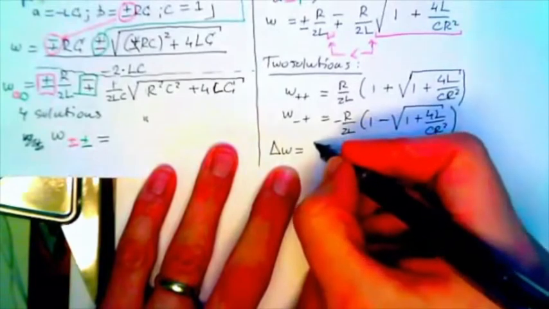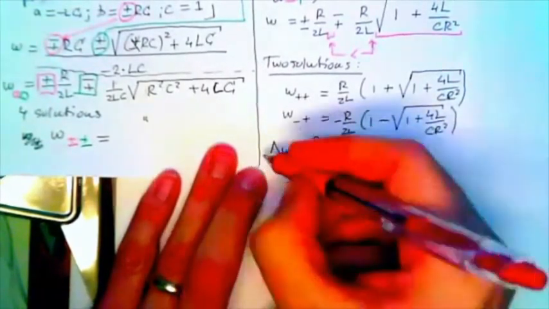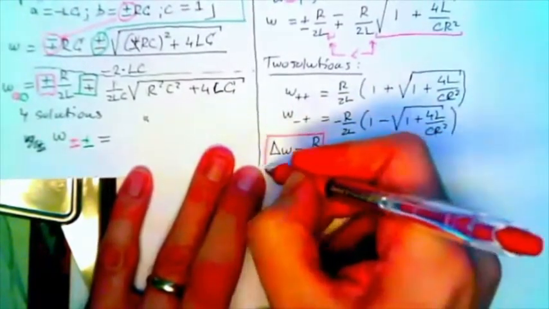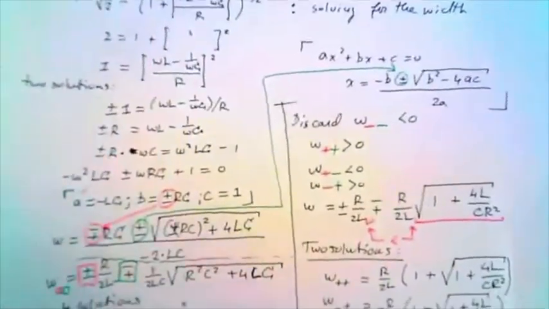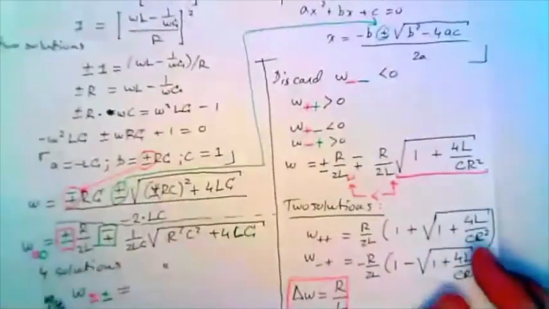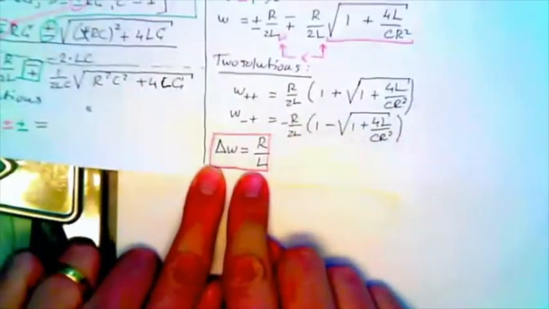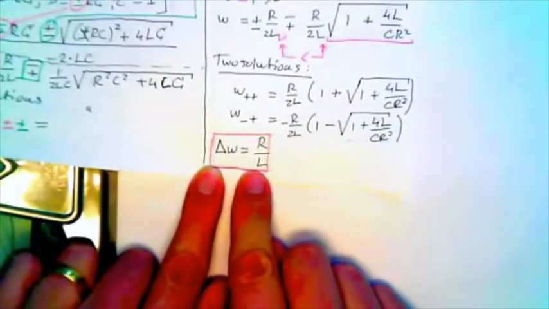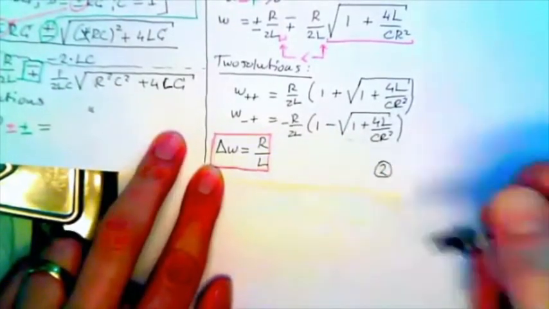So it's R over L. So after that ridiculous amount of arithmetic with squares and pluses and minuses and everything, we get this width, delta omega, R over L. So what does that mean?